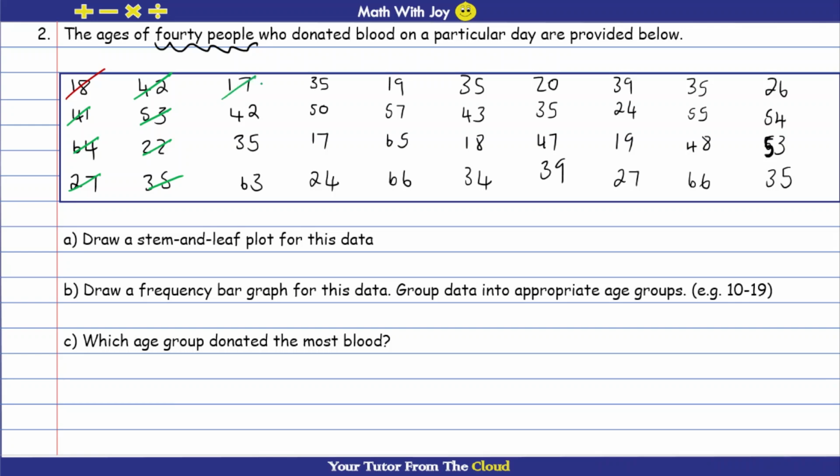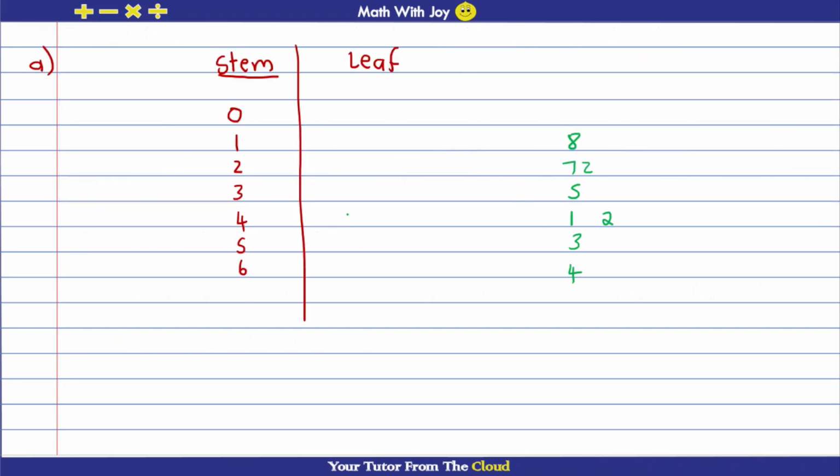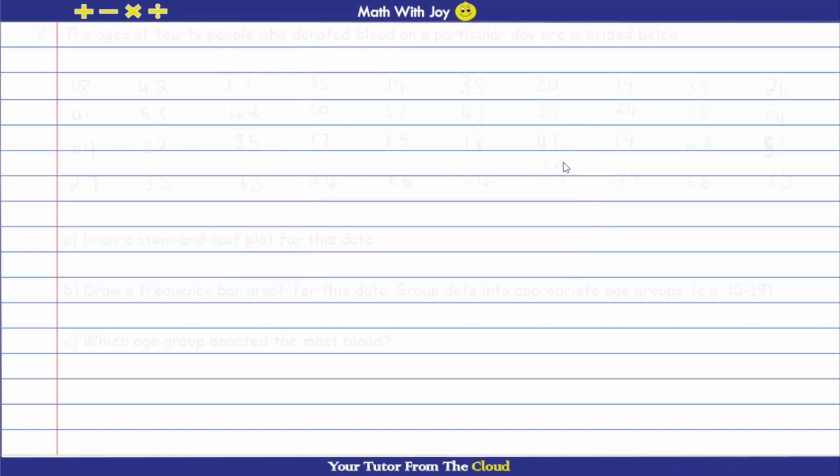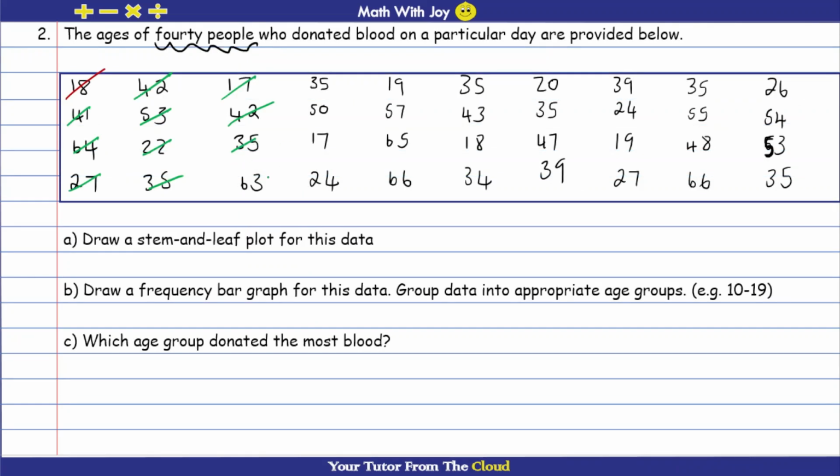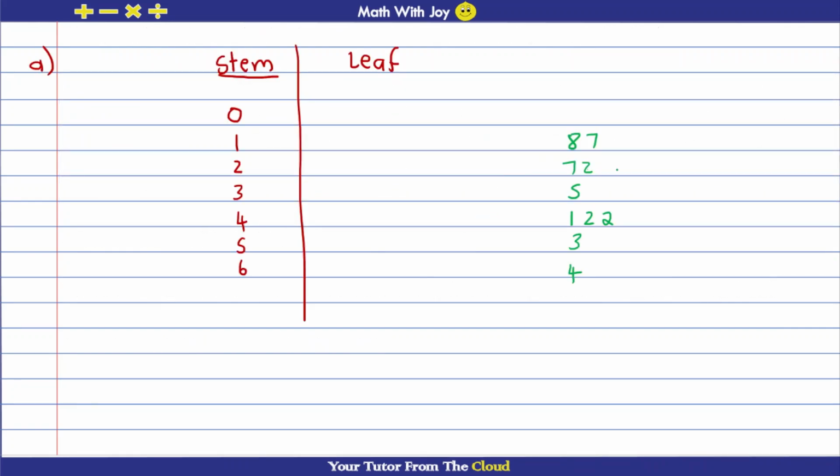But yeah, I have to do it 7, 42, 17, and 42. So I put 42, 17, and we keep it going. 35, 63, 3, 5, 6, 3.